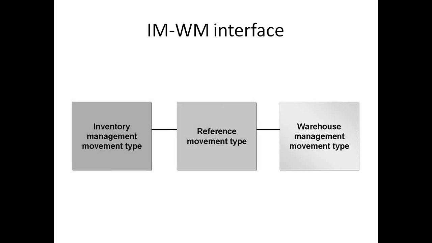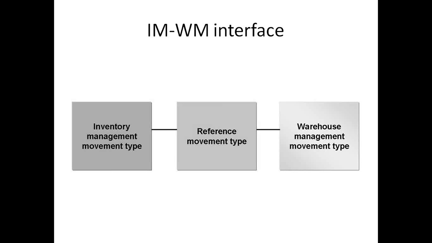For example, we do have an inventory management movement type 101. It is actually not directly connected to the warehouse management movement type. It is connected to a reference movement type, and then the reference movement type is connected to the warehouse management movement type.